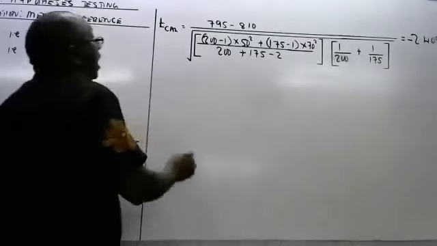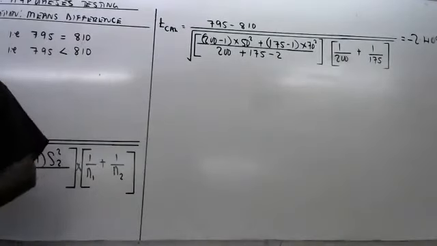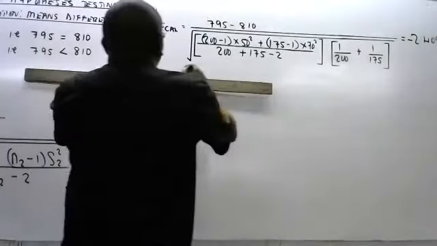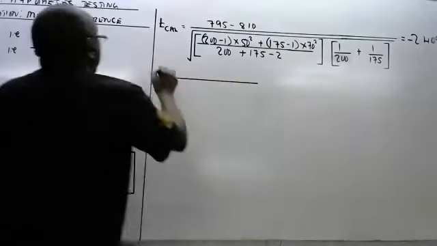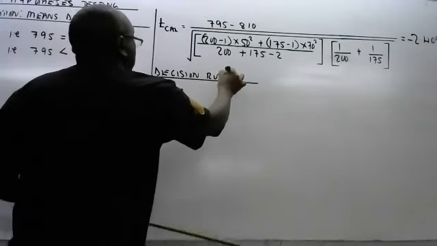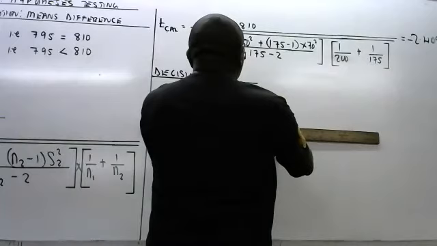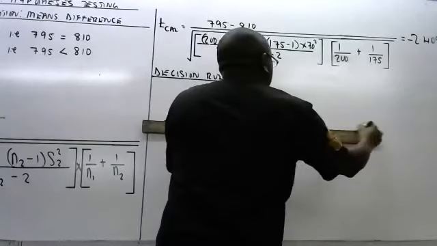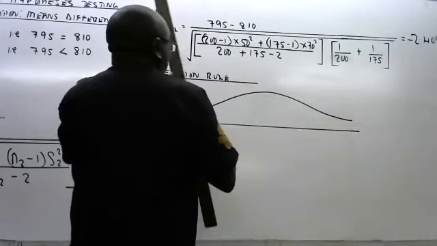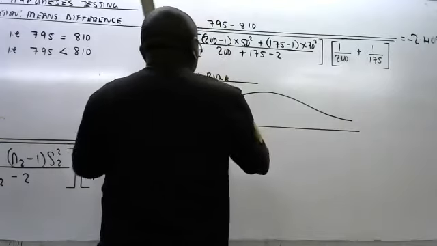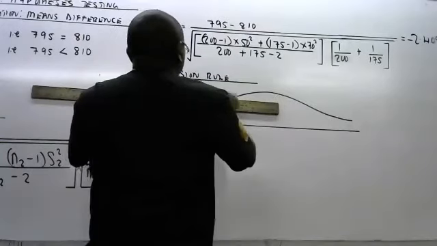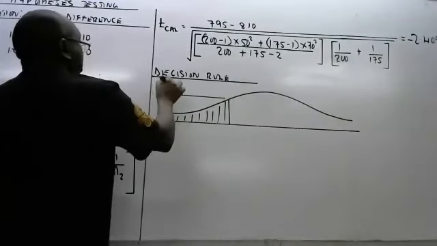Okay. So now, from there, let's go to the next one. Decision rule. So on the lower side here, we will say reject null.